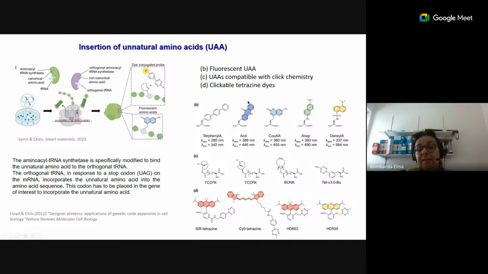You see it's designed as an amino acid, but it is a fluorophore. And all of them can be inserted with this method. These are amino acids that are compatible with click chemistry, and then of course it's required to add a fluorophore probe that can interact with this group, and you can then label your protein after synthesis.